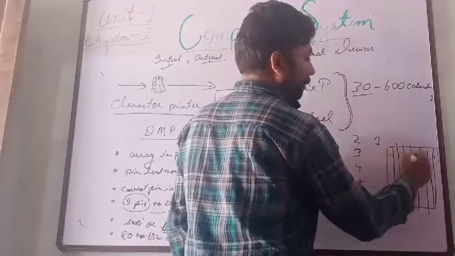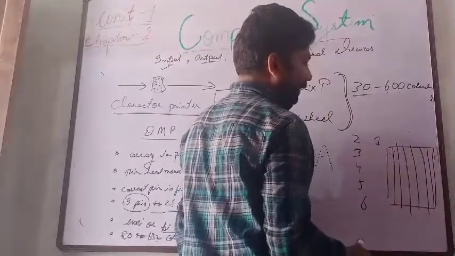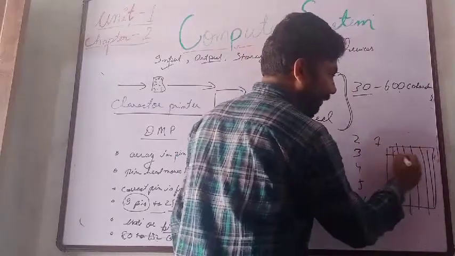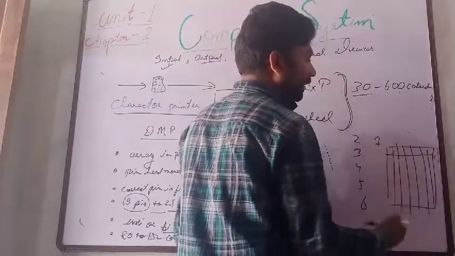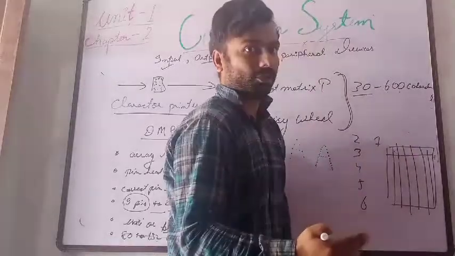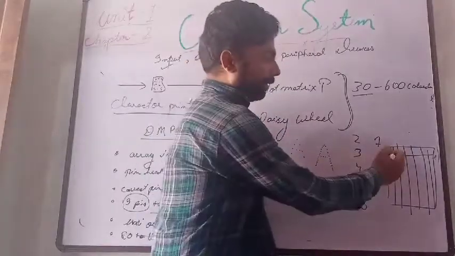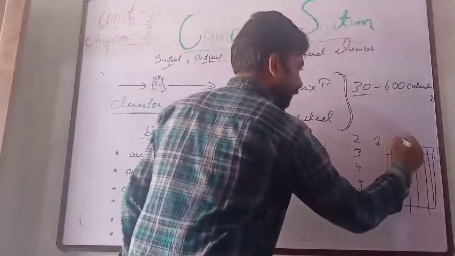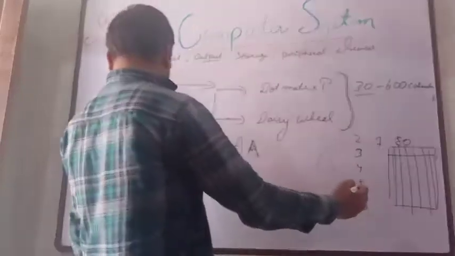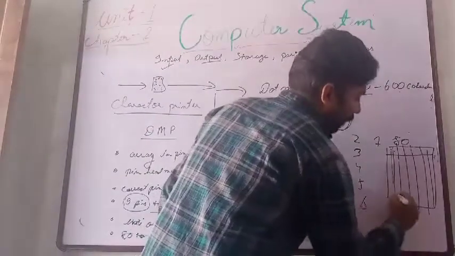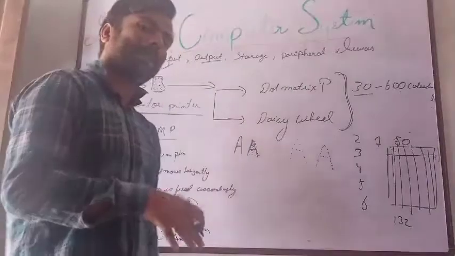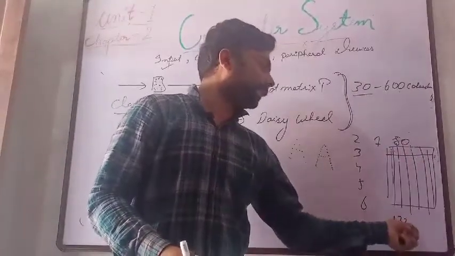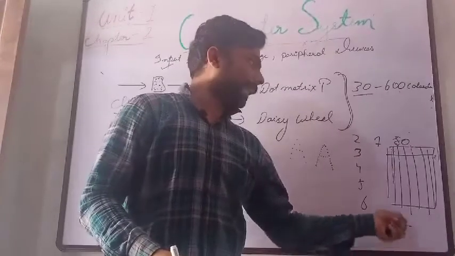It is up to the printer. The printer decides how many characters can be inserted in a single line. So as the number of columns increases, the number of characters also increases. So it is 80 to 120, 132 columns in different printers. It starts from 80 to 132 columns.